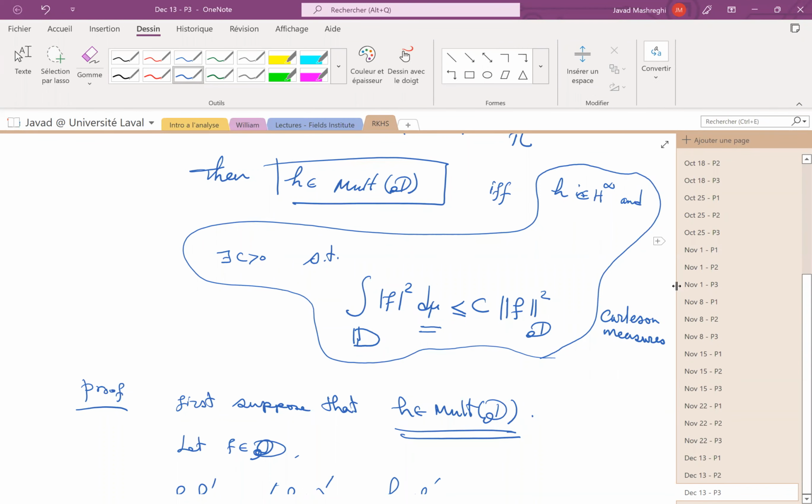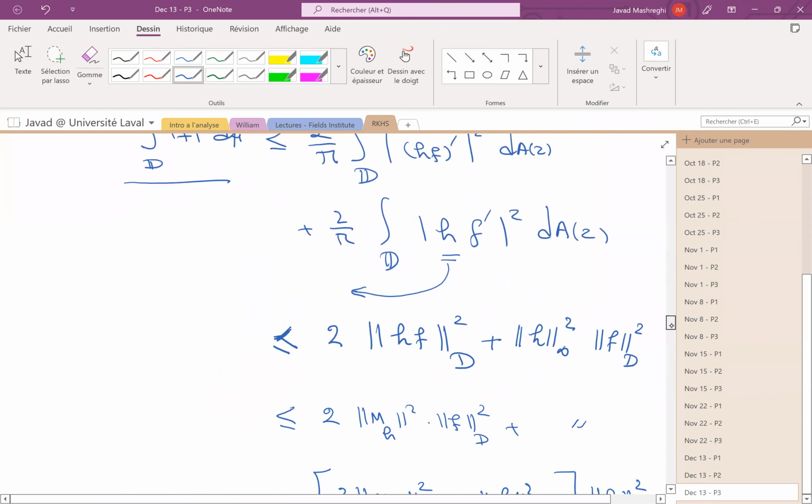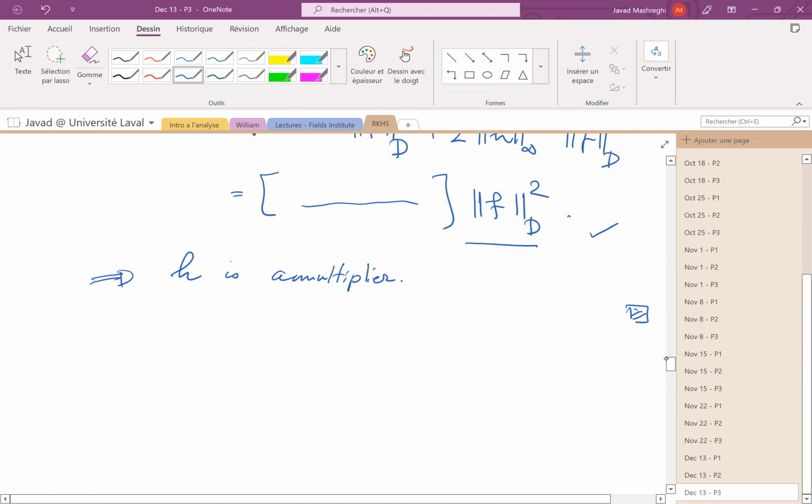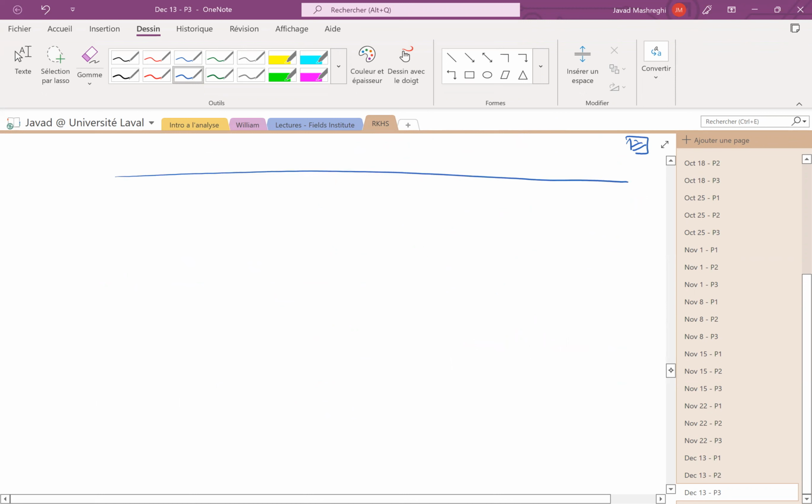I mentioned them below. But for Dirichlet spaces it is much more complicated, but it's still useful. Still, it helps in some results. So my concluding remarks are about Carlson measures.